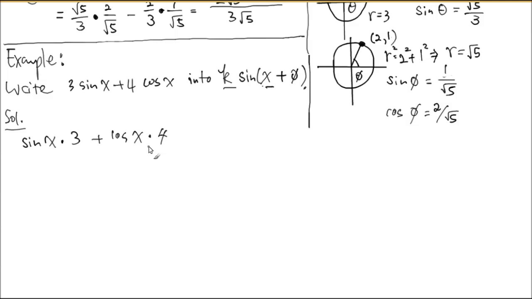If you write it like this, I hope you recognize it's closer to the addition formula form. Here's a sine x. Maybe we can realize this one is a cosine phi, just like in the addition formula. How about this one? What is it supposed to be then? The 4 is sine phi, right? If I can match that 3 and 4 using cosine phi and sine phi, that becomes the addition formula, don't you think? Sine x times cosine phi plus cosine x times sine phi. Then using the addition formula, this becomes a much simpler form.